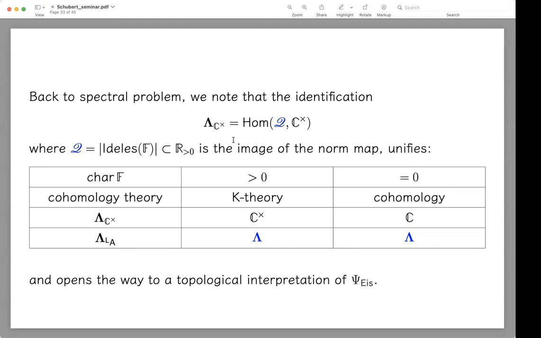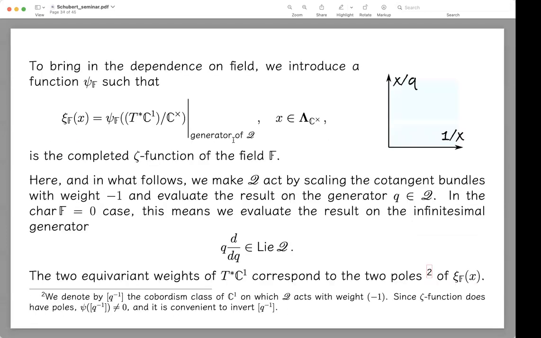And correspondingly, for any torus we can form the corresponding group lambda, and that would be just the good old lambda which we had before. This is where the spectrum lies. So now, examining this table, in terms of boldface lambda, which we now define uniformly in terms of the group script Q, we at least have a way to a topological interpretation of this Eisenstein distribution.